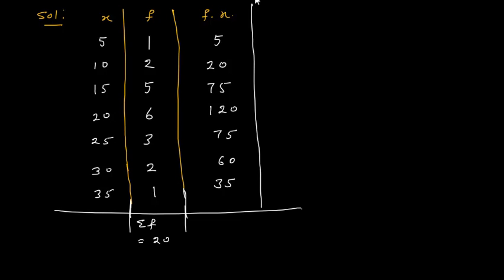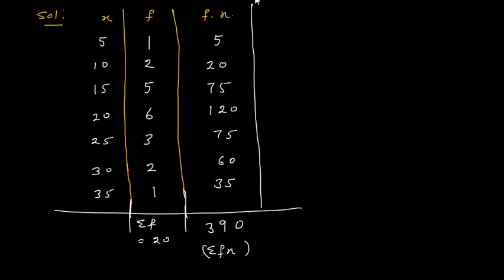Now we add the fx column: 5 plus 5 is 10, 10 plus 5 is 15, 15 plus 5 is 20, and so on. Here I have made a mistake. This is actually f into x, summation of fx. Summation of fx is 390.